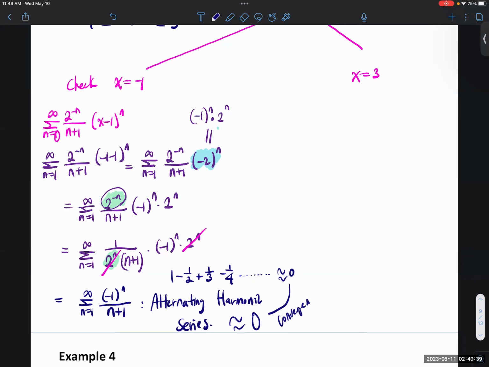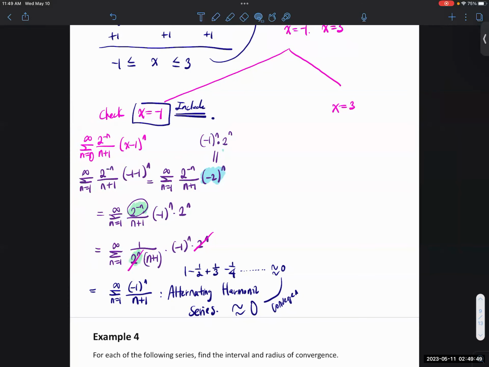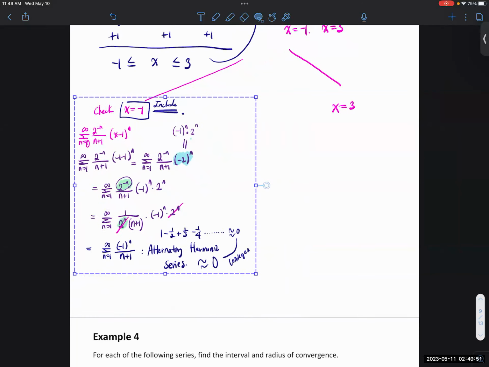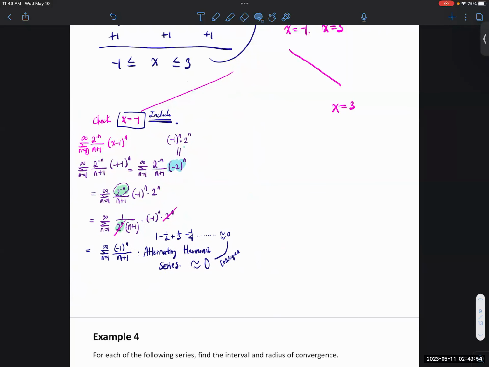We can include x equal to -1. I'm checking whether I really need to include x equal to -1, and yes, because when I substitute -1 into x, the series turns out to be alternating harmonic and it converges. The terms are getting smaller and closer to 0.